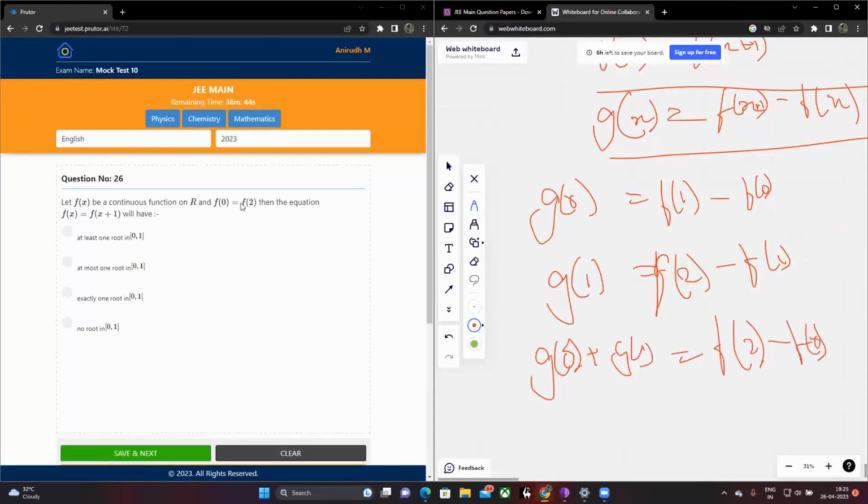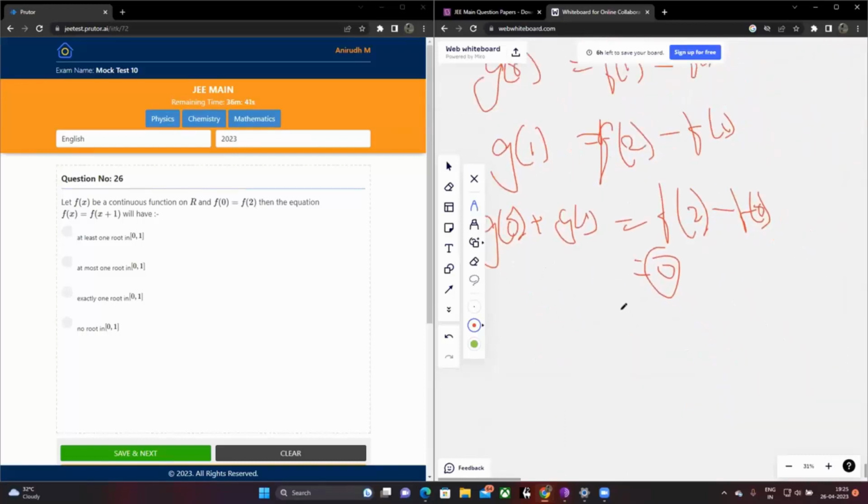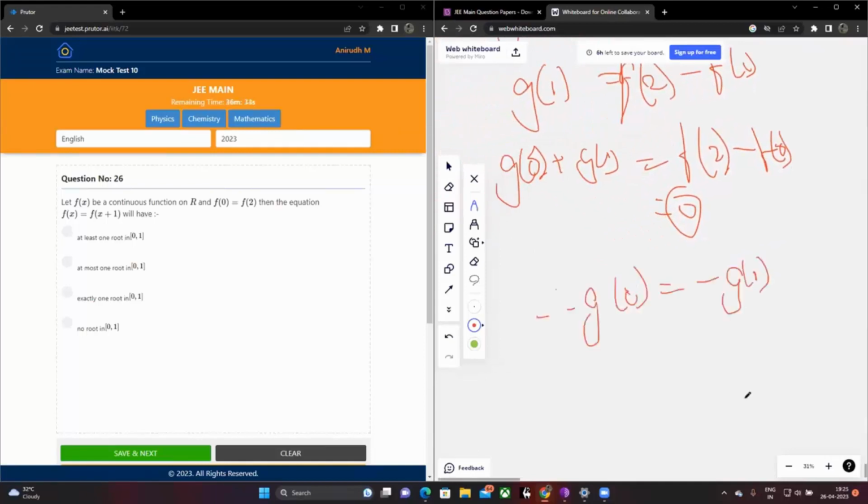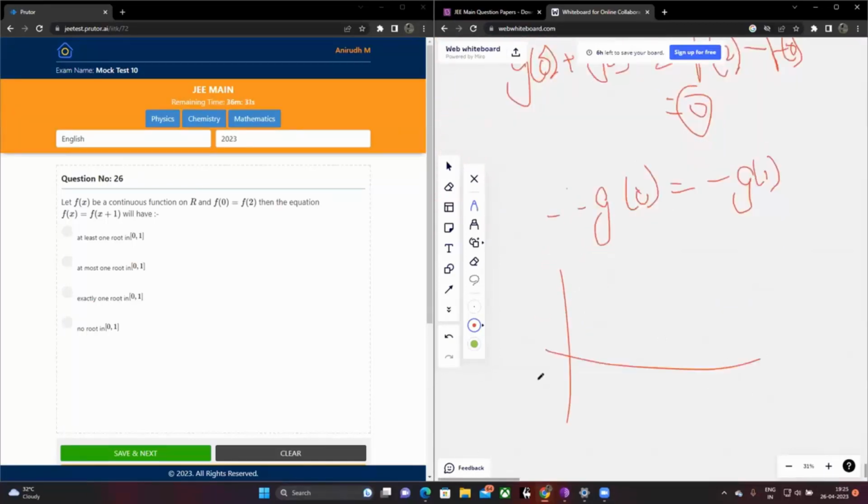But given that the question says f(0) is f(2), this is basically 0. Therefore, g(0) equals minus g(1). So on a graph, we plot at 0 and 1. g(0) is somewhere here. And g(1) is going to be somewhere here, right?